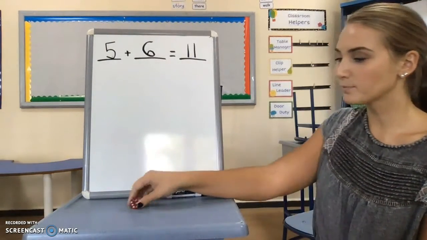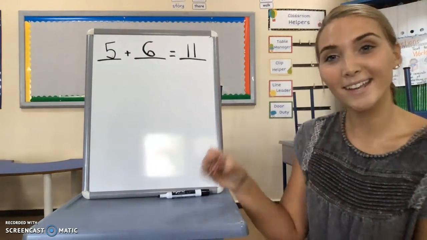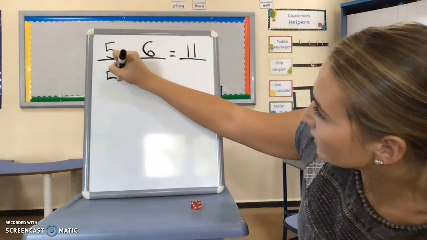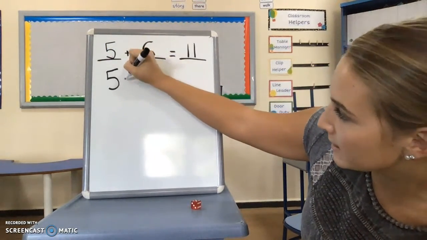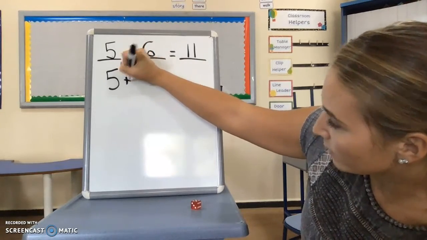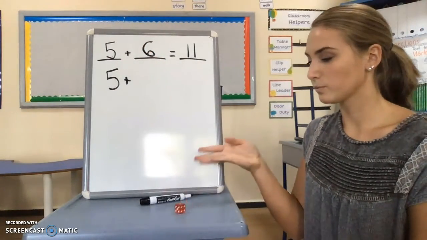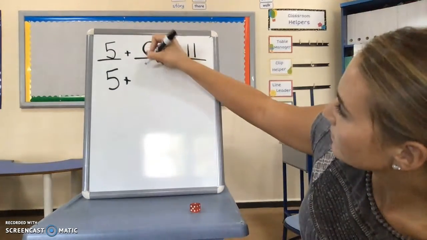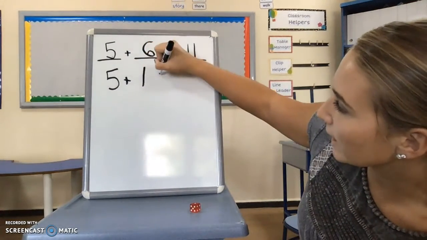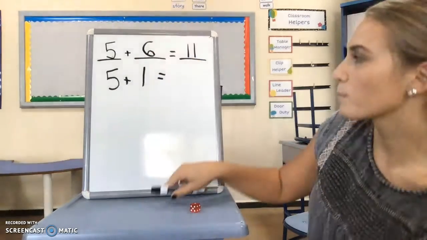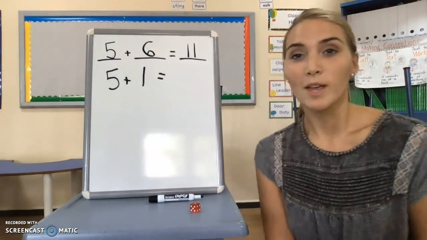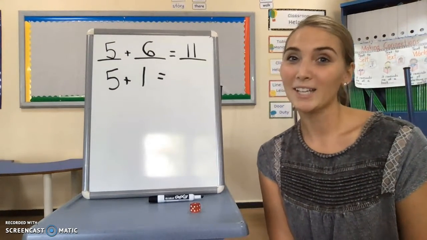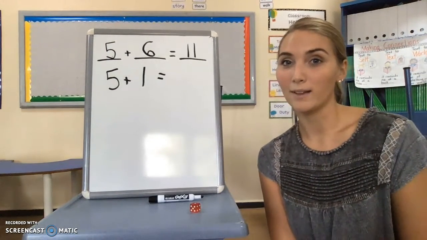Roll again. 5 again. Plus 1 equals. Now, boys and girls, my math brain knows that if I'm adding 1, I can just count up 1.